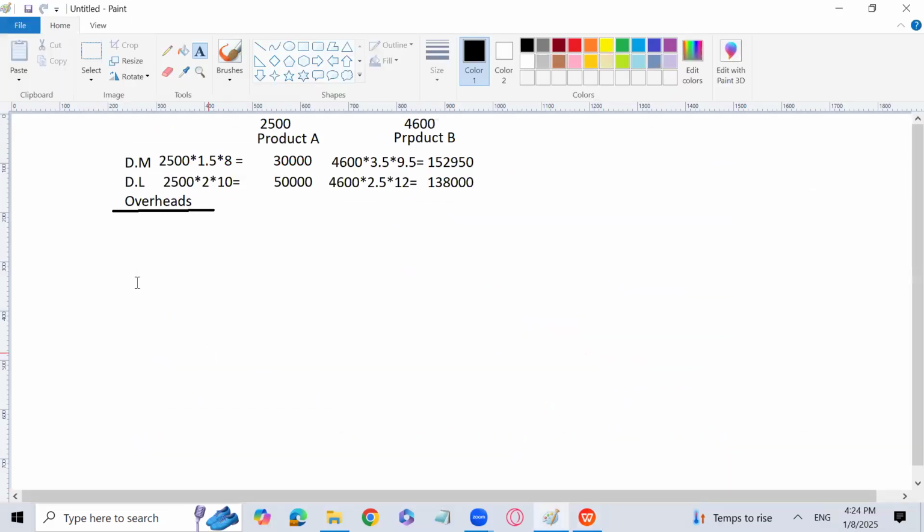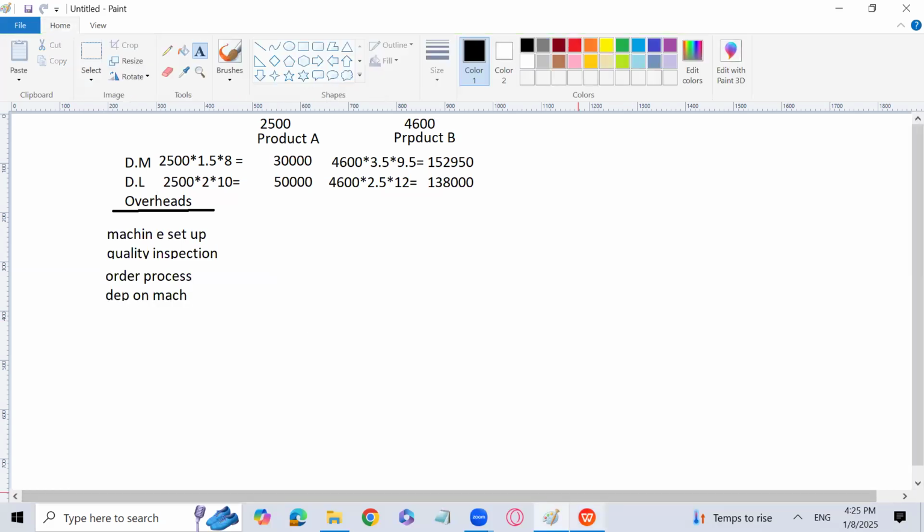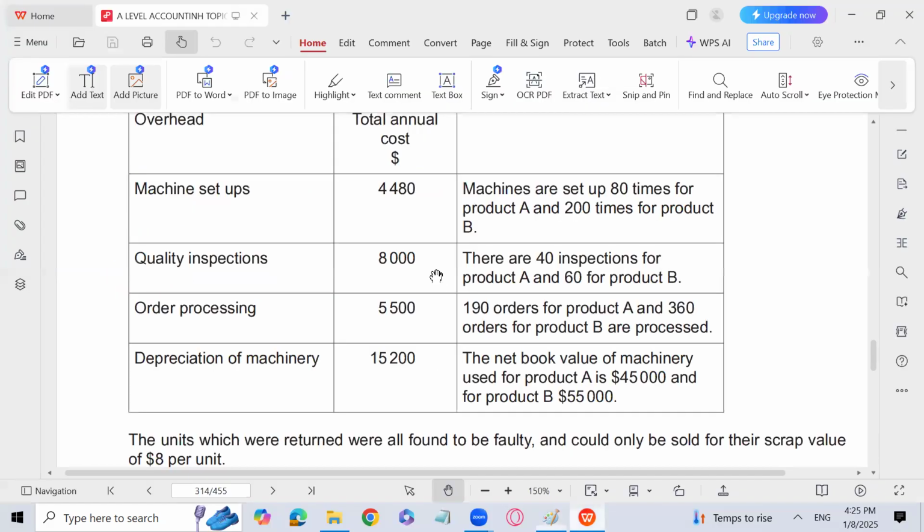So I'm going to write all of them because I have to divide the cost accordingly. Machine setup, then quality inspection, then order processing, and then depreciation on machine. These are the 4 overhead costs distributed between those products.